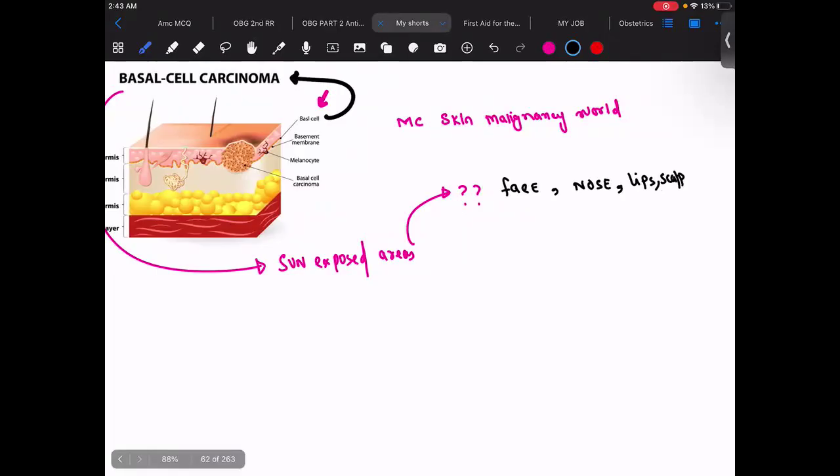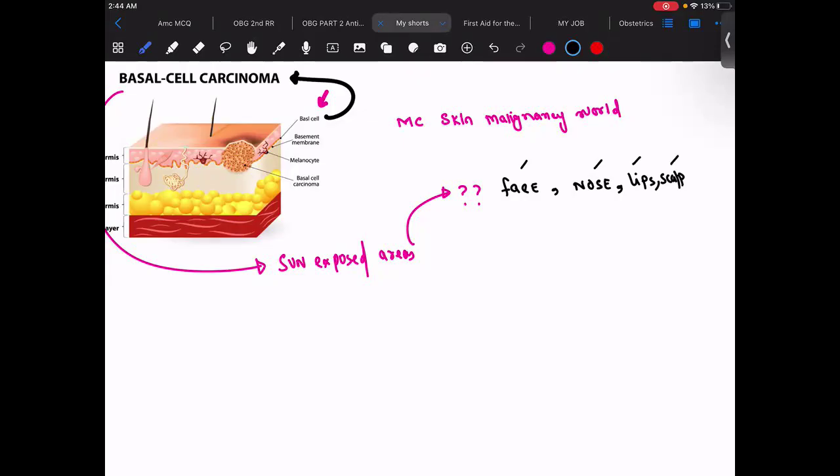All these locations are important as far as basal cell carcinomas, because they are the most common sites where basal cell carcinoma can be located. This is what you have to remember over here.